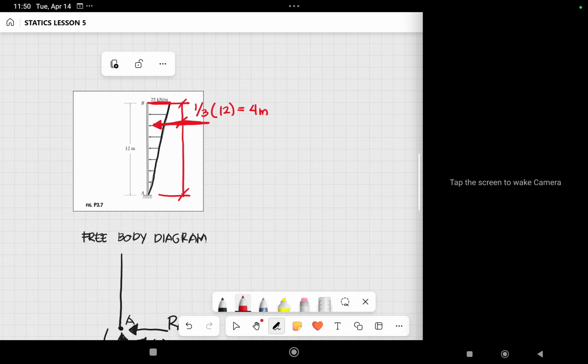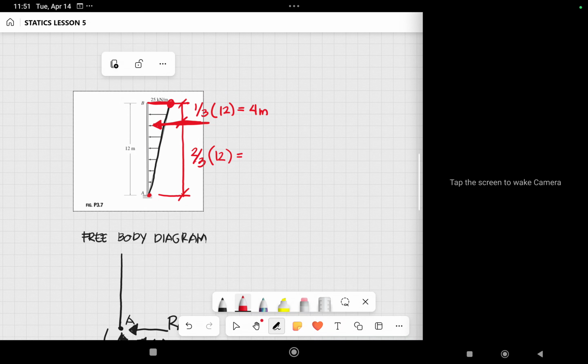And then from the lowest point, or the lowest intensity, mas better yung word na yun, the lowest intensity at this point is 0 kilonewton per meter, at this point, 25 kilonewton per meter. So that is 2/3 of 12.